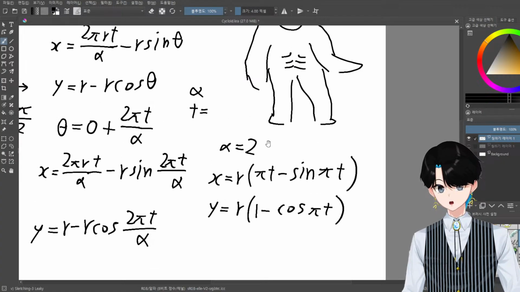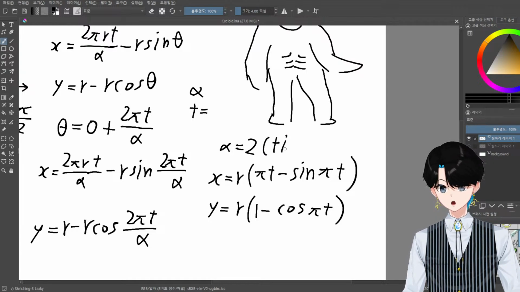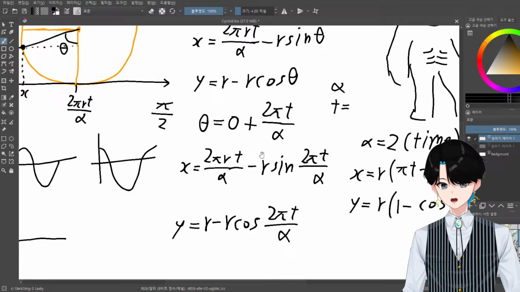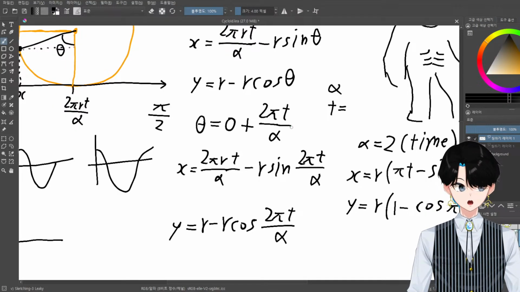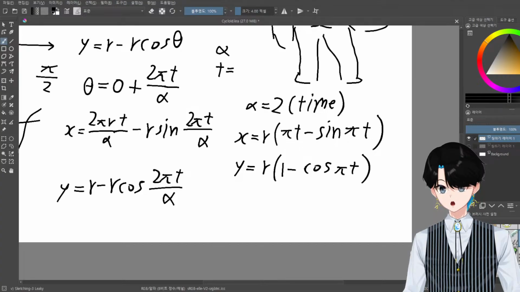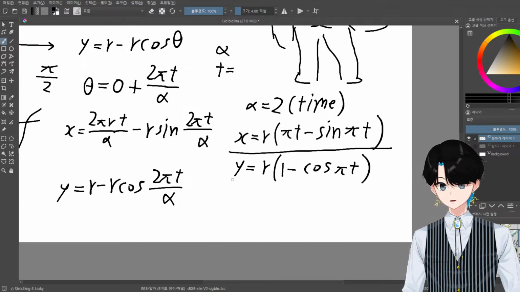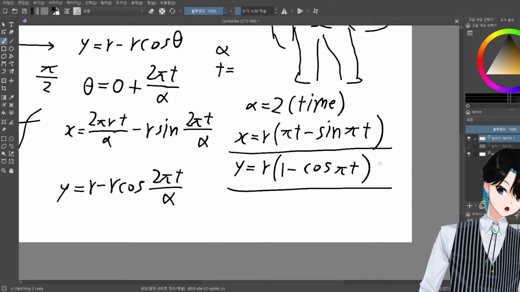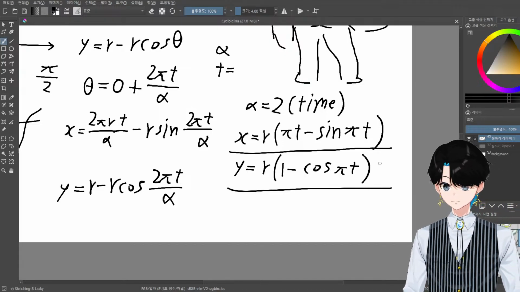The t is just the time, and it wouldn't matter what value it is. Yeah, I think this is the answer. I'm gonna check it on Google and correct.